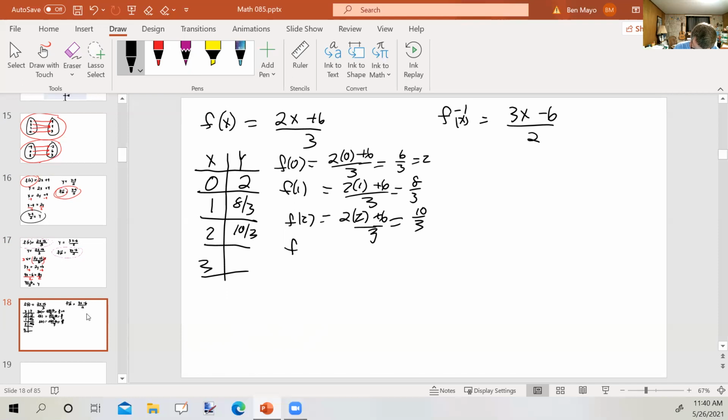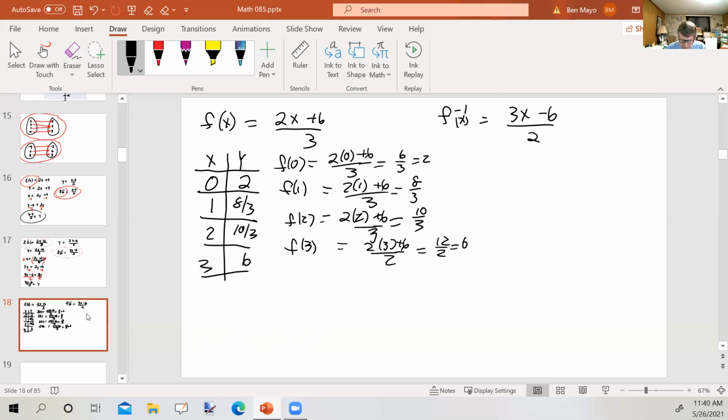And 3, f of 3 is going to be 2 times 3 plus 6 over 2, which is 12 over 2, or 6. Okay, so those are some ordered pairs that are solutions to this first equation.